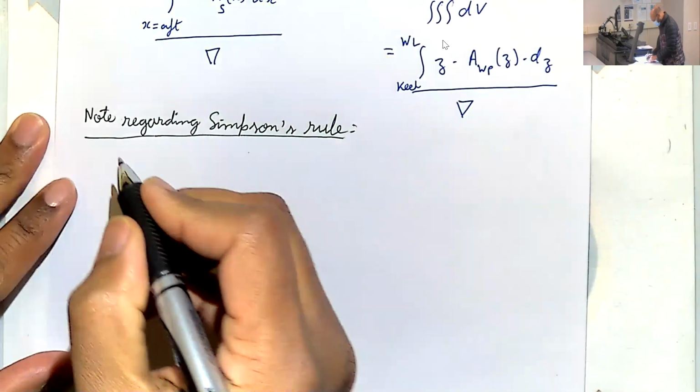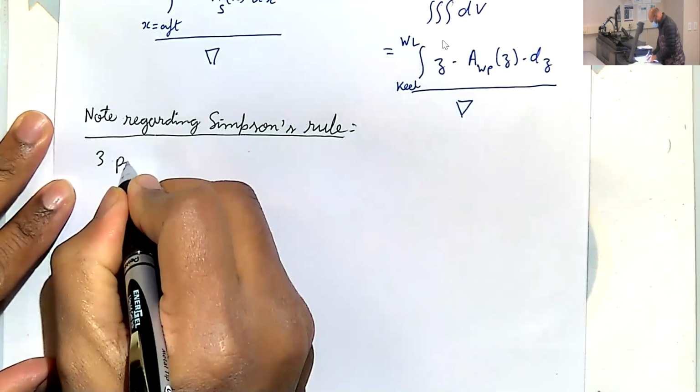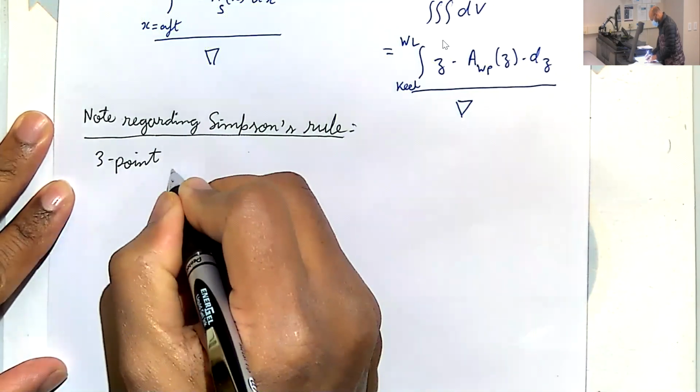Okay, Simpson's rule involves 3-point integration. So it's a 3-point integration formula.